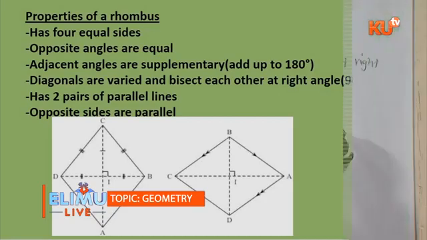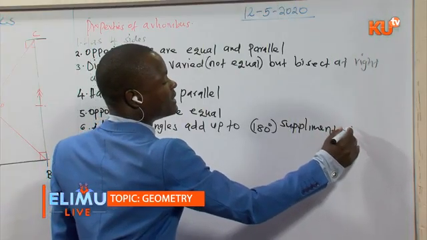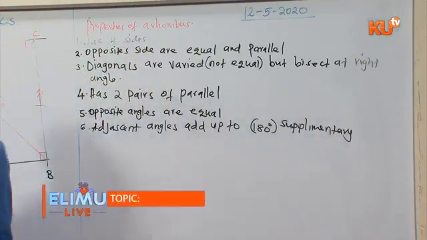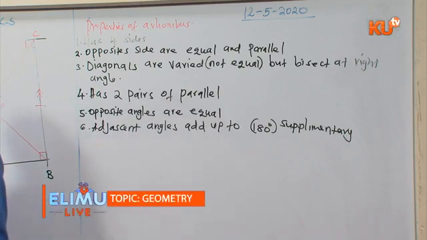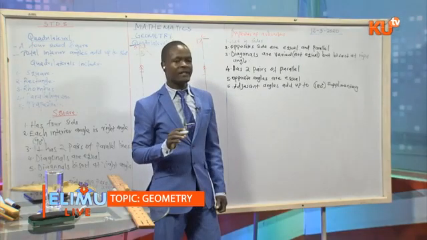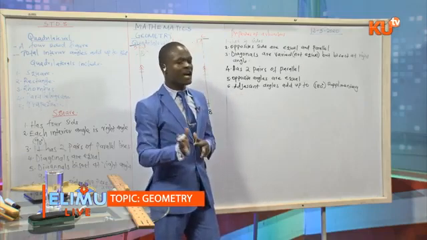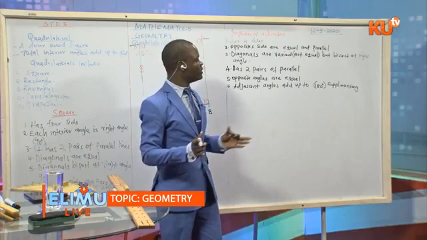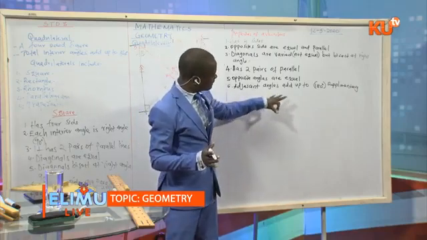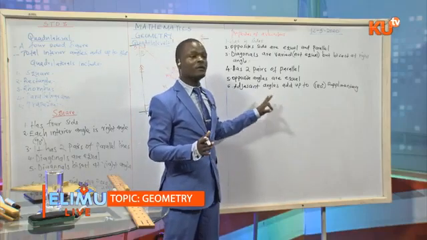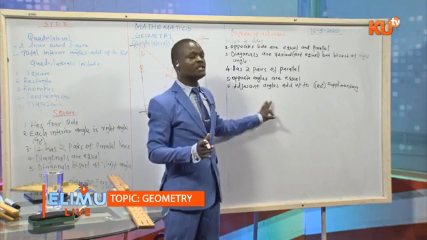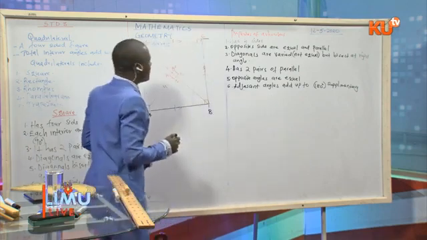Now, supplementary angles are angles that add up to 180 degrees. So if you add the adjacent angles, you'll find that they sum up to 180 degrees.